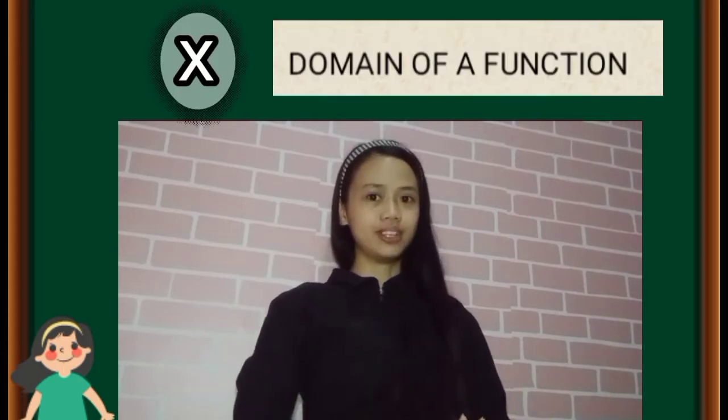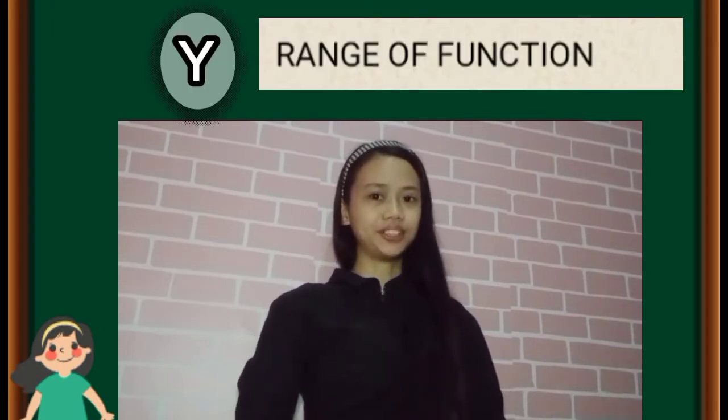All the values of the first component, or x, are called the domain of the function, while the set of all the values of the second component, or y, is called the range of the function.